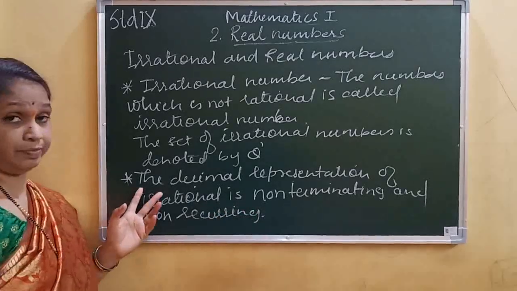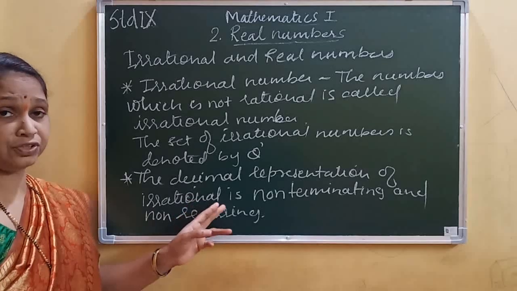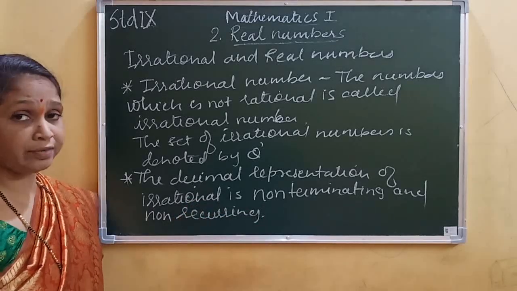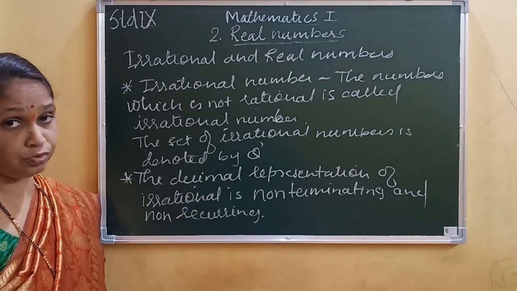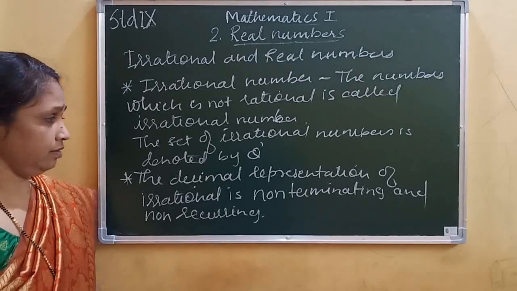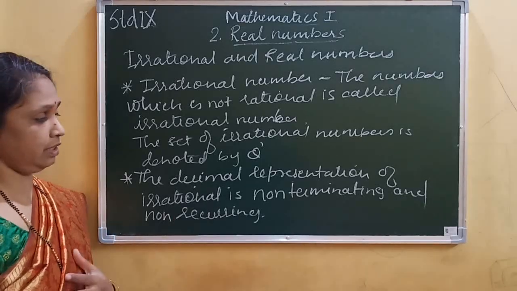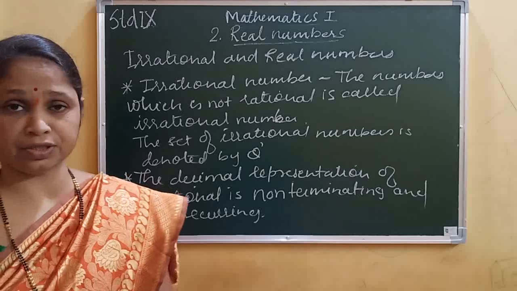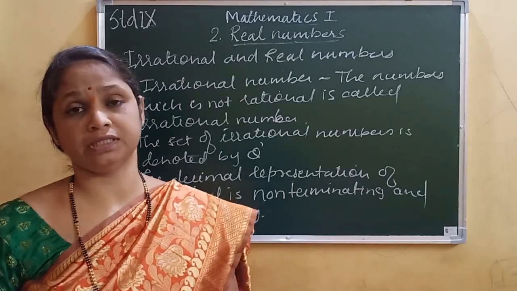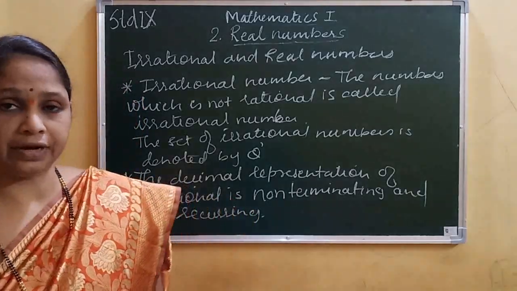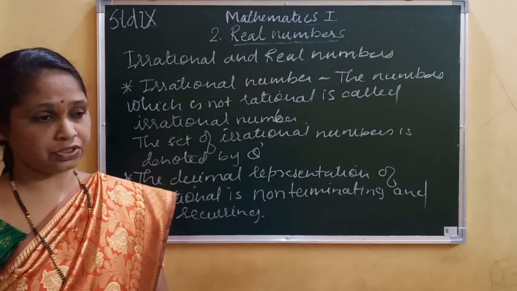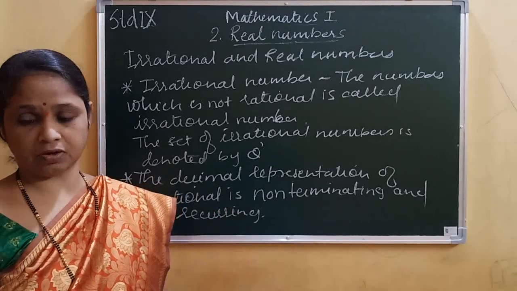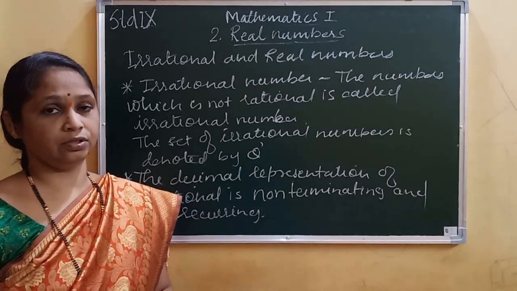Non-terminating means it doesn't end, and non-recurring means it is not recurring also. Such types of numbers are called irrational numbers. Now next is about real numbers. This you have to write in the notebook.